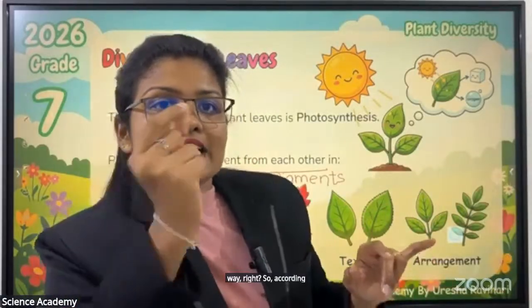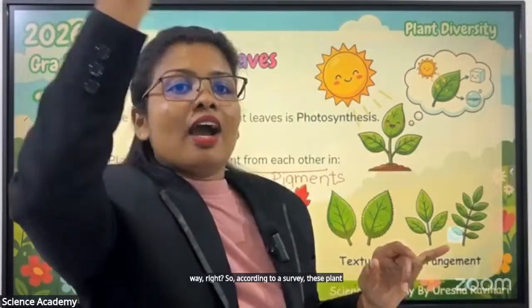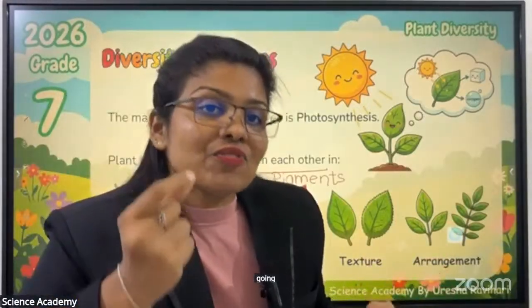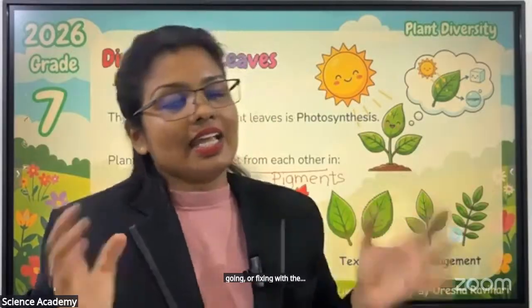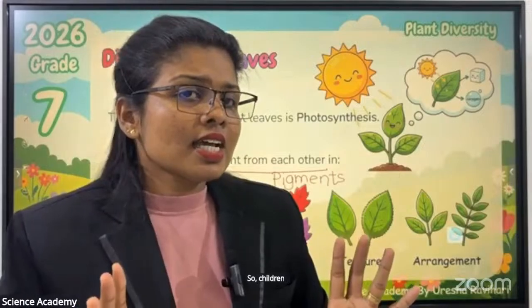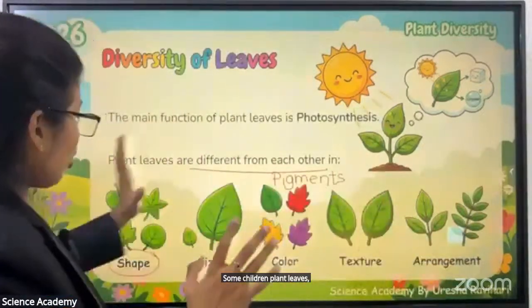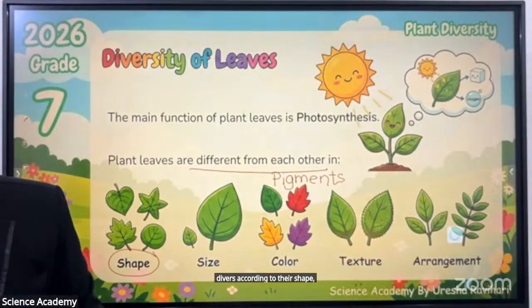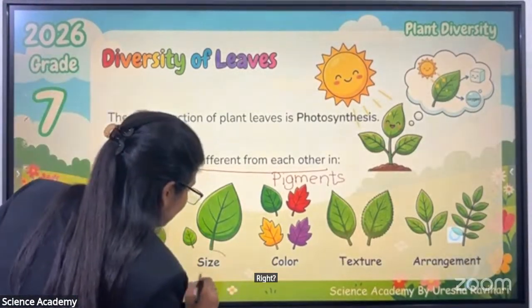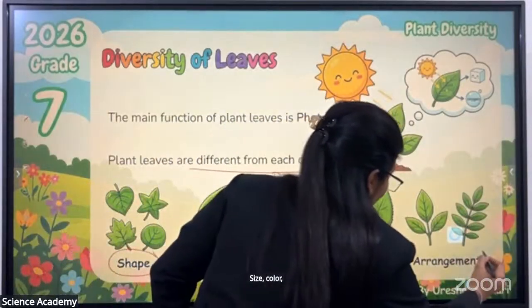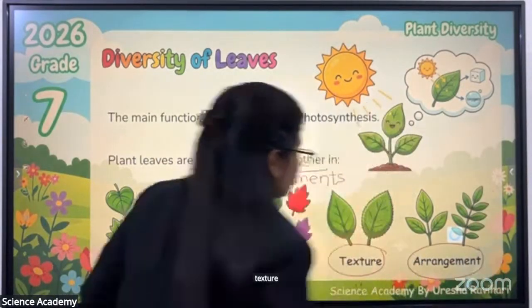According to a circle, these plant leaves are fixed to the stem. Likewise, children, plant leaves are diverse according to their shape, size, color, texture, and arrangement.